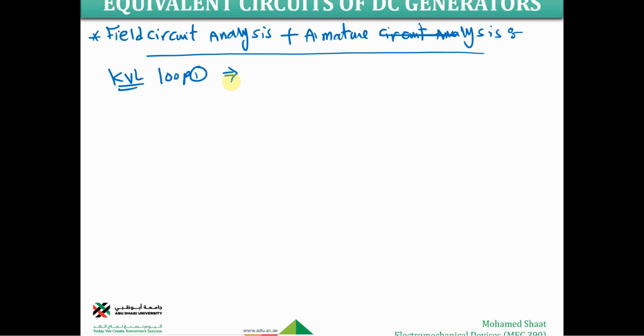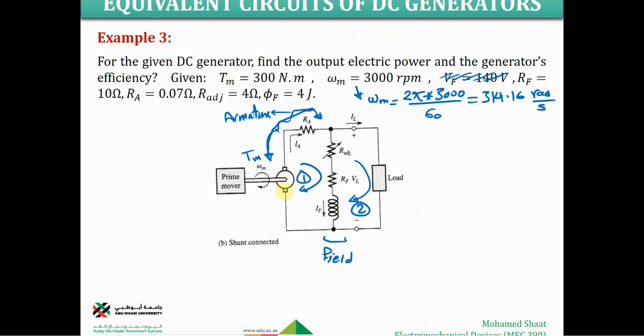How? By applying the Kirchhoff voltage law to loop 1 and loop 2. So applying Kirchhoff voltage law to loop 1, in loop 1 we do have this element, this is the armature, which should be with EA, which is the voltage over the armature with negative and positive here. It means that this is gonna be the input, because this mover is gonna provide some torque and omega to the armature, to the rotor, which gonna rotate over the armature.